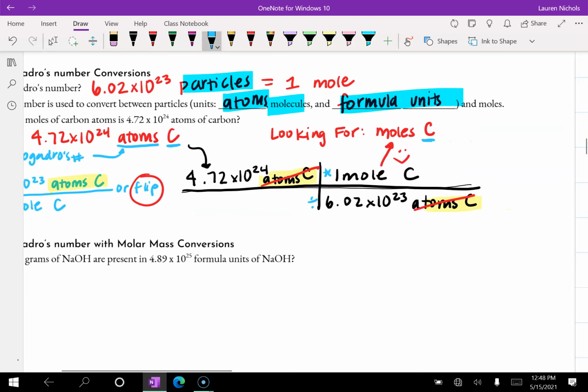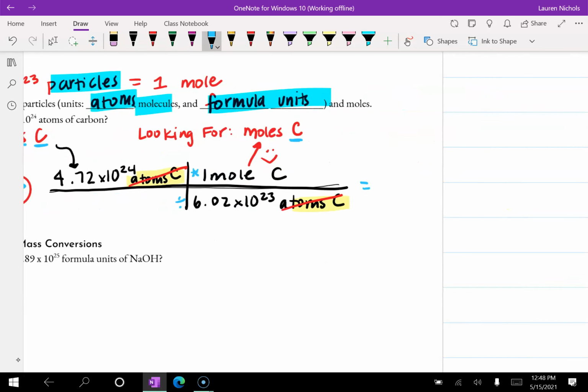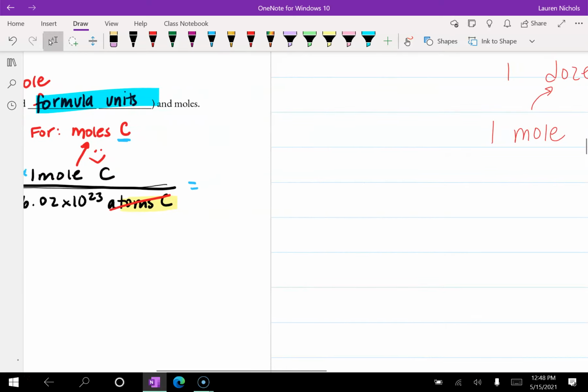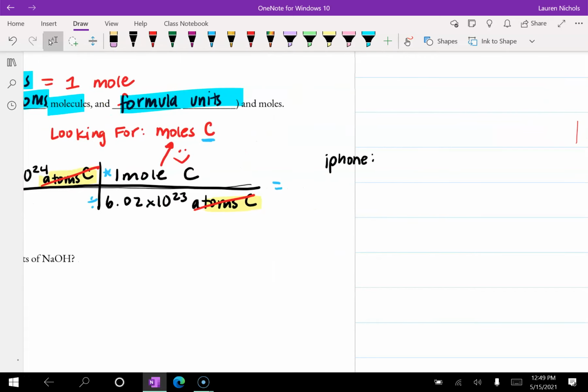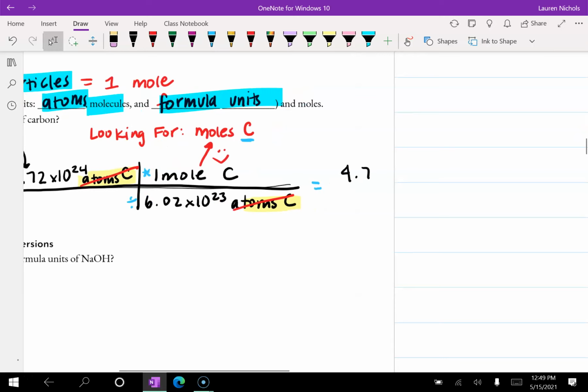Now, the hard part here is actually putting it in your calculator. So it depends on whether you have an Android phone or an iPhone as to what method you use. So you might want to really pay attention to that. If you have an iPhone, which is what I have, it's easier for me to walk you through it. Your calculator in general will say 4.72 times 10 to the 24 times 1 divided by 6.02 times 10 to the 23.